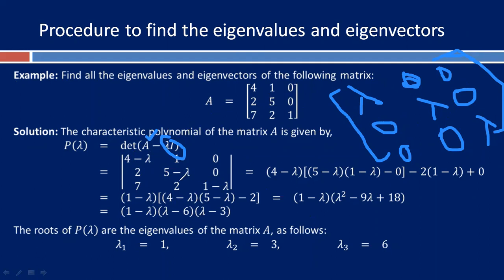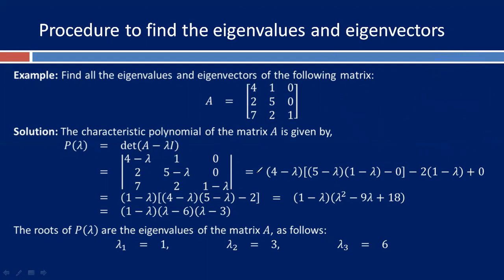After calculating A minus lambda I, the next step is to determine the determinant of this. How do we find the determinant? First write the first value here, then multiply it by its minor, then minus the next.